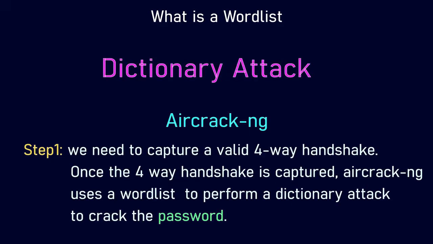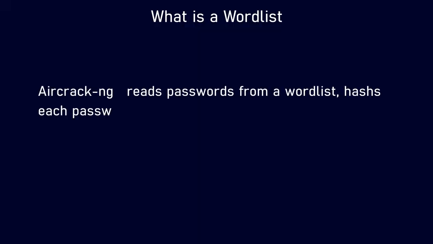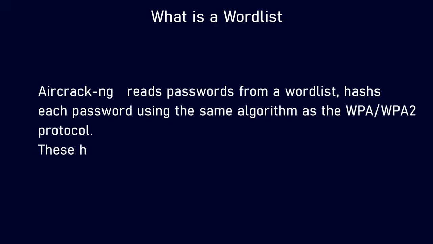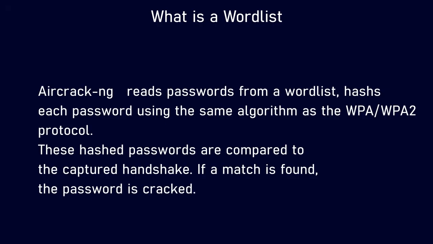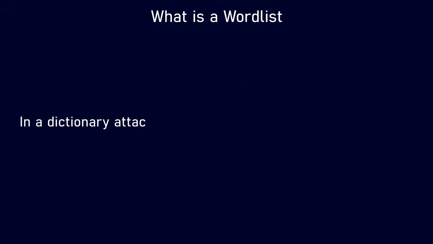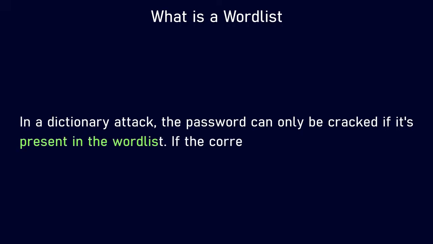The way Aircrack-ng works is it reads passwords from a word list, then hashes each password using the same algorithm as the WPA2 protocol. These hashed passwords are compared to the captured four-way handshake. If a match is found, the password is cracked. Remember, in a dictionary attack, the password can only be cracked if it is present in the word list.